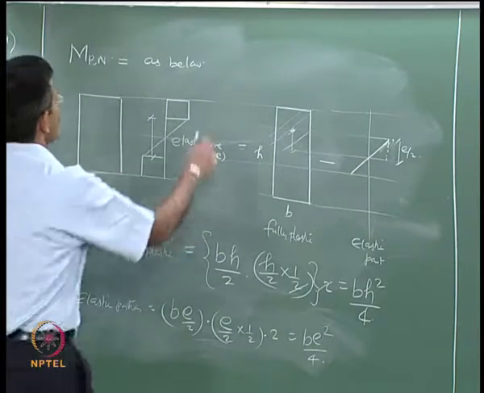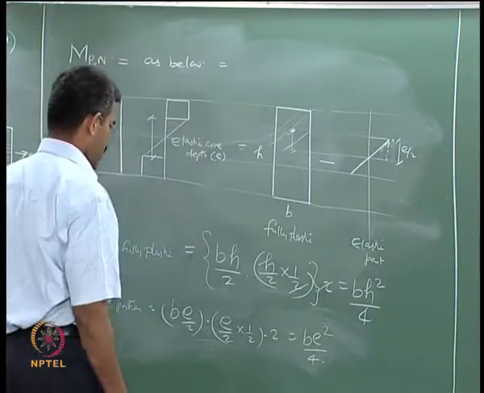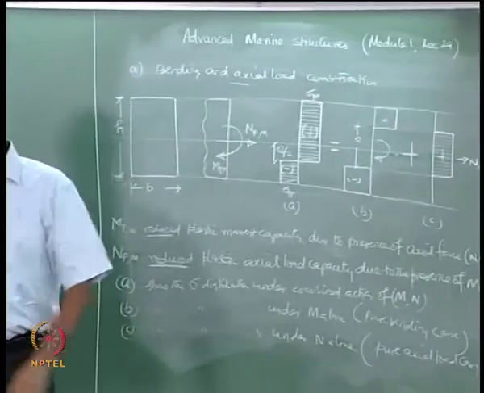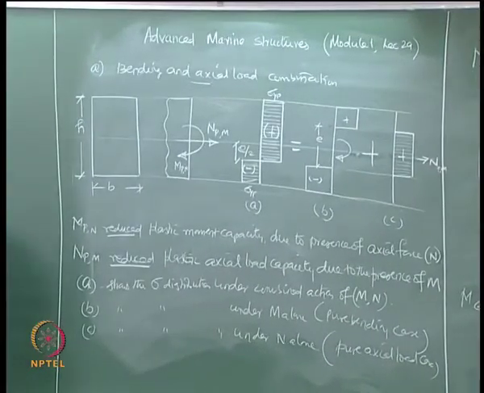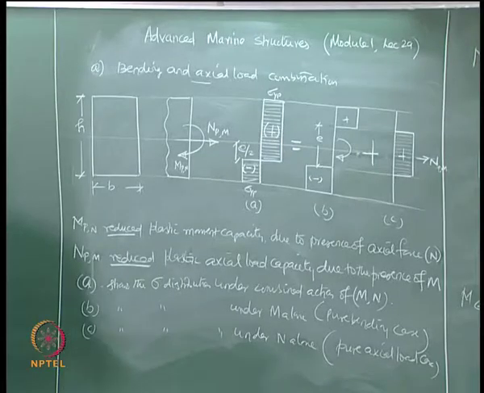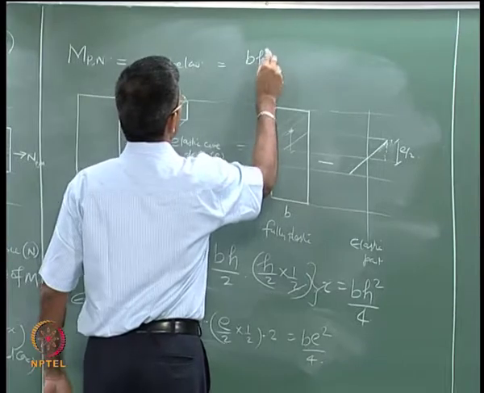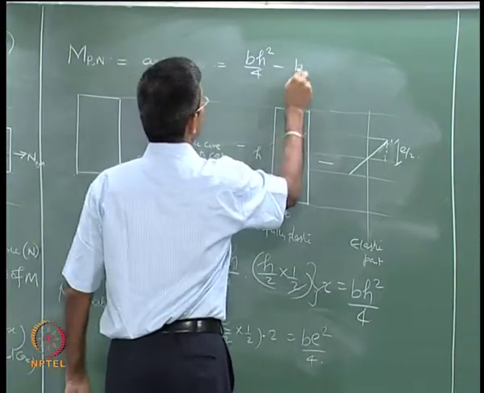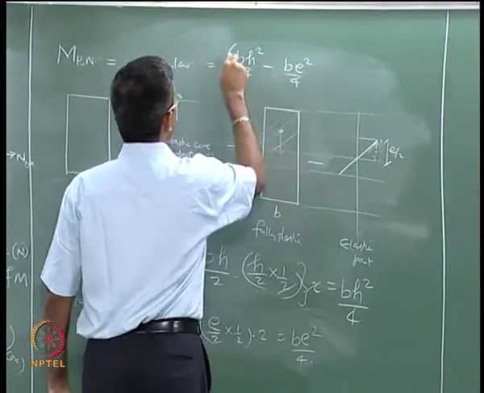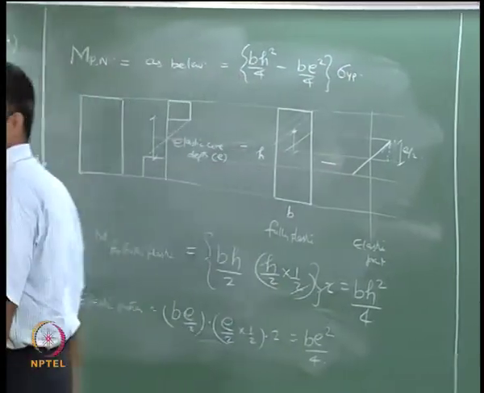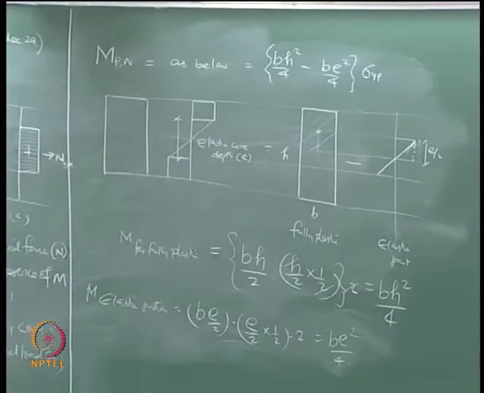Therefore, I can now say this is nothing but, for this notation, which can be B h square by 4 minus B E square by 4 of sigma yp, okay.